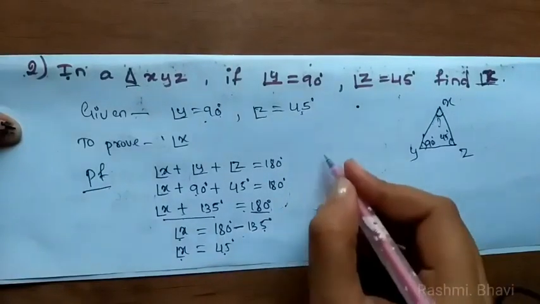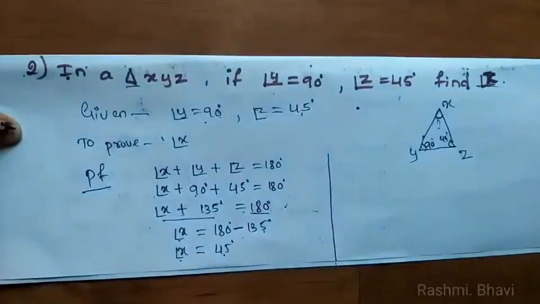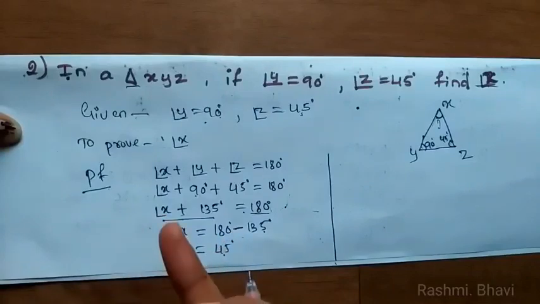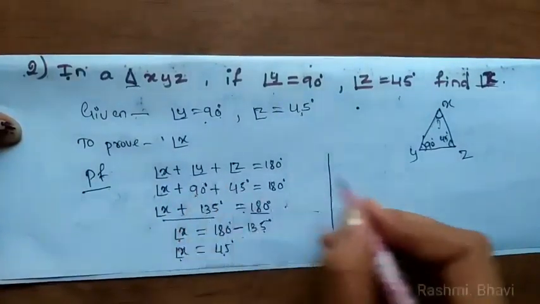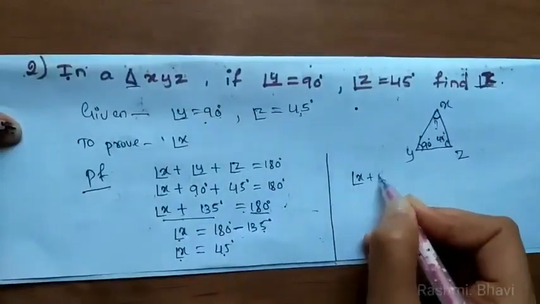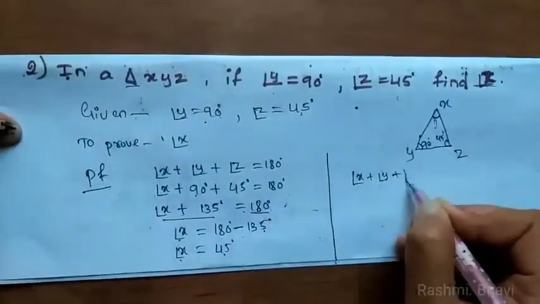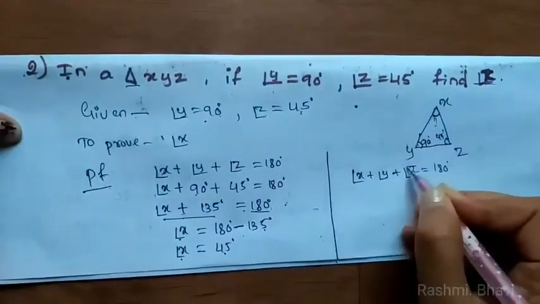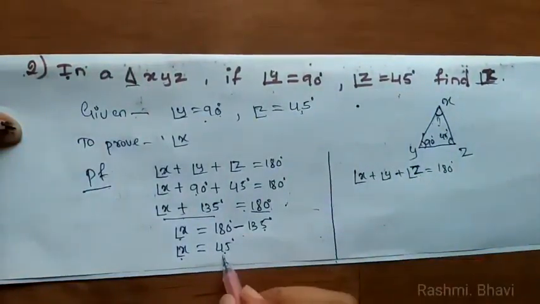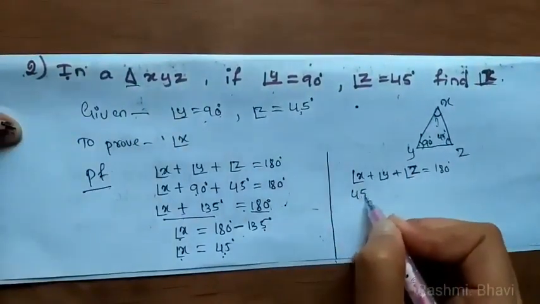So the angle X is equal to 45 degrees. Next we have to do the cross verification because we don't know whether it is correct or wrong. So let's check how to make a cross verification. Our formula is angle X plus Y plus Z is equal to 180 degrees. Angle X we get 45 degrees.